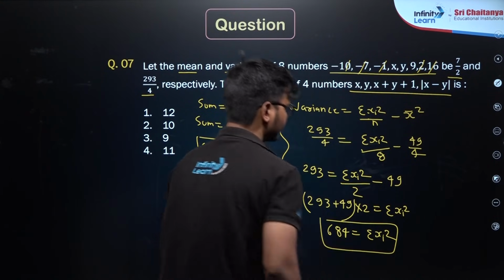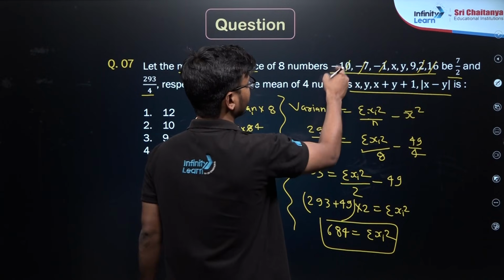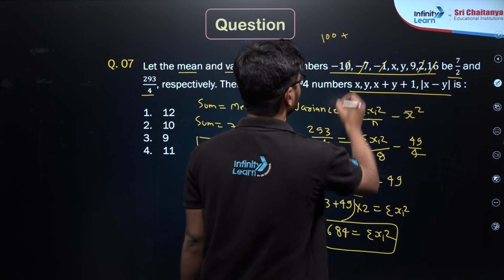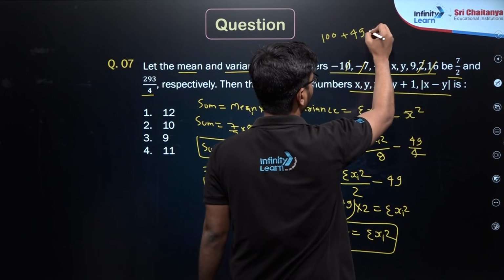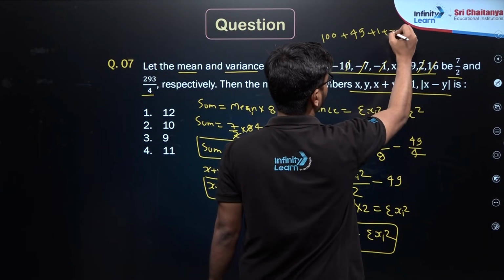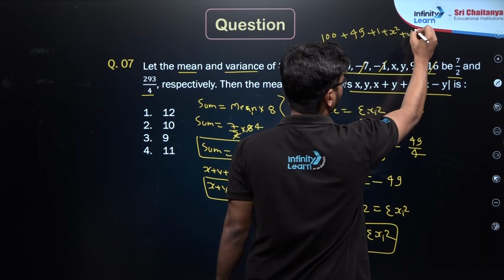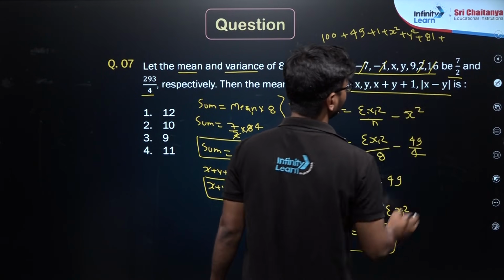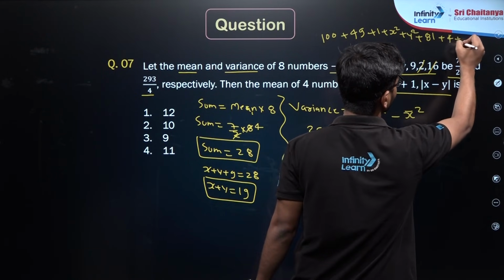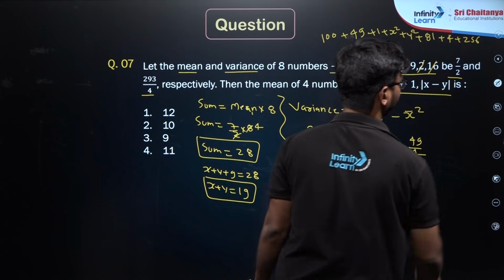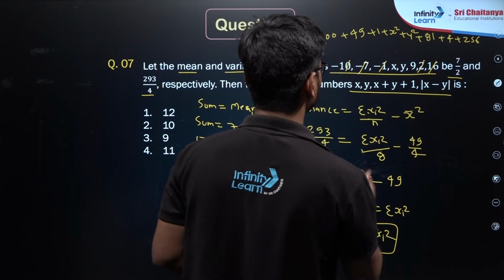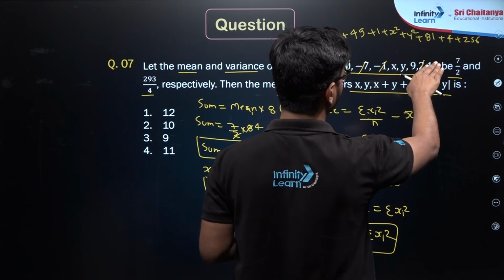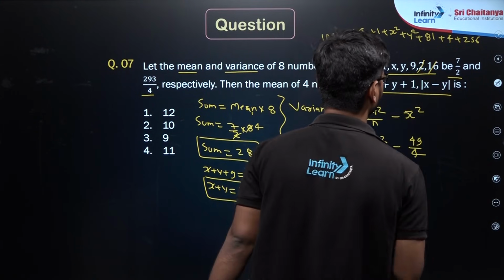Okay, but what is exactly the summation of xi the whole square? So 10 square is 100 plus 7 sevens are 49 plus 1 plus x square plus y square plus 81 plus 2 2s are 4 plus 256. So if we add all these, 200, 300, 350, 400, 480, it will be 491.